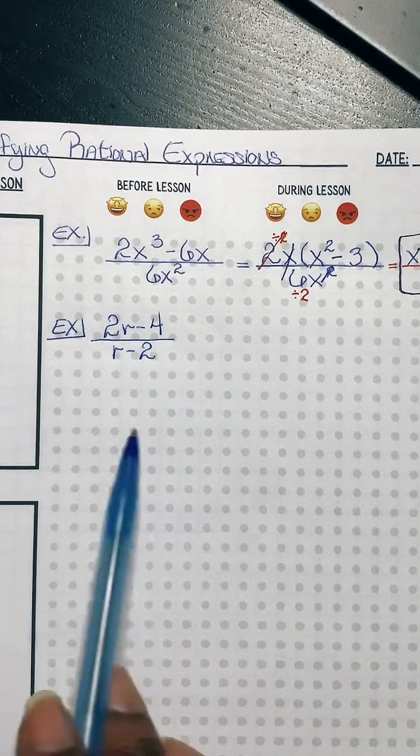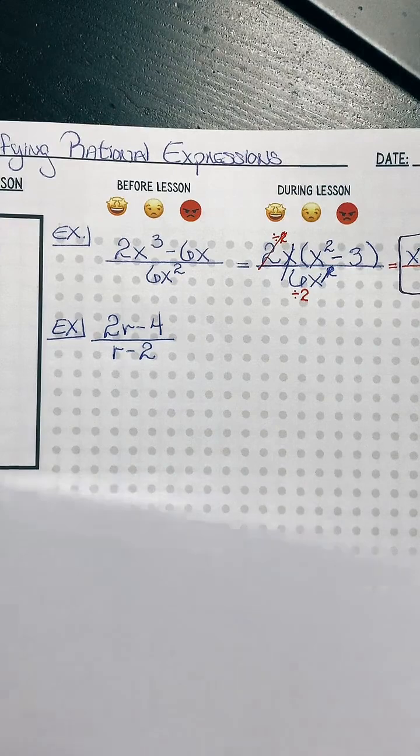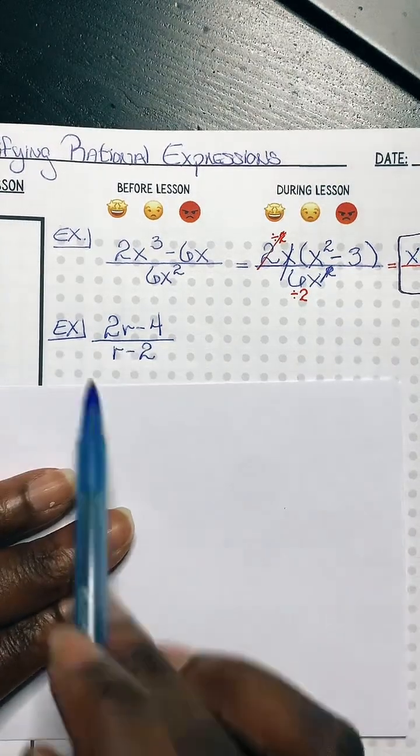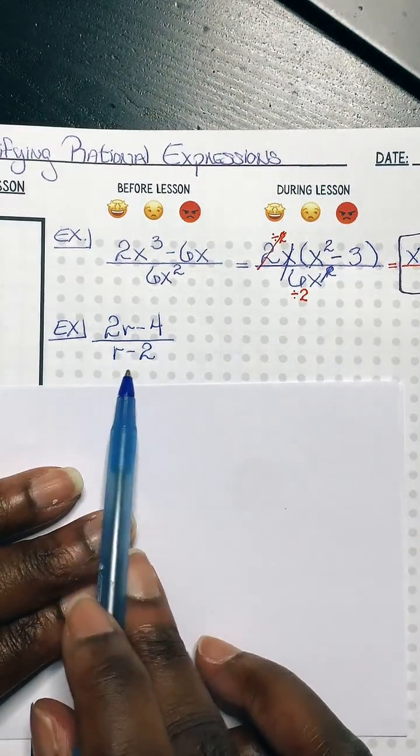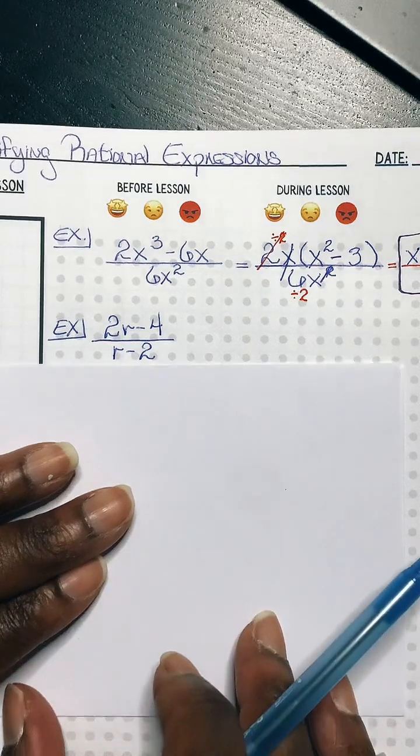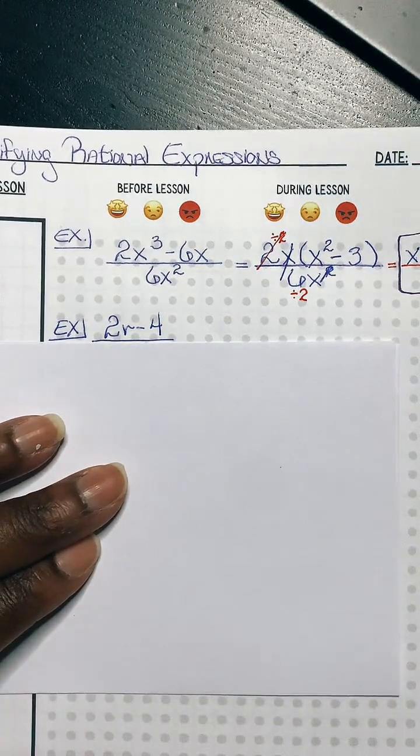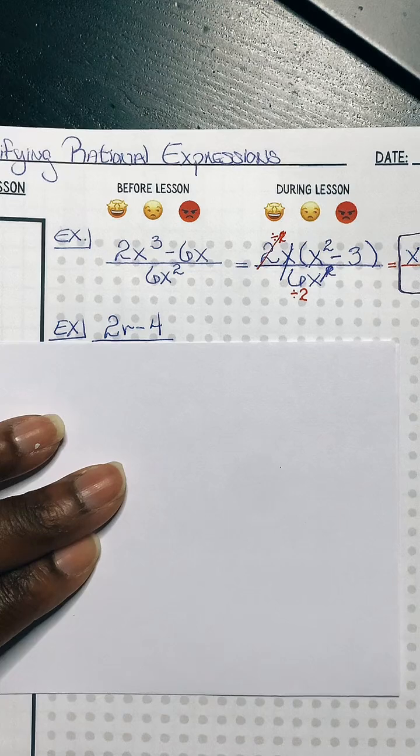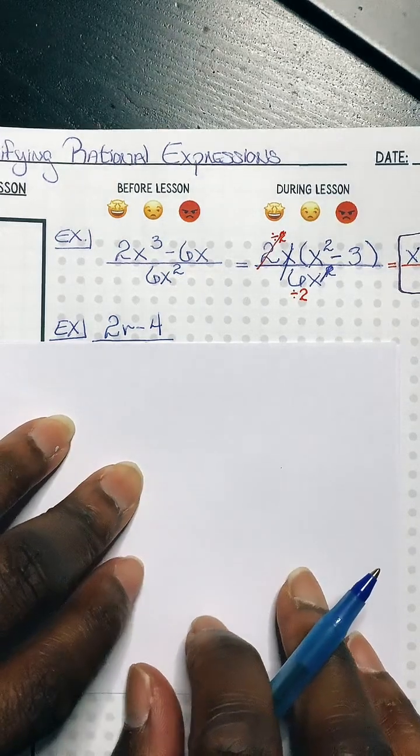So, looking at my numerator, we have 2r minus 4 over r minus 2. So just looking at my numerator, the 2r minus 4, do we have a GCF? So we got a 2, with question marks.